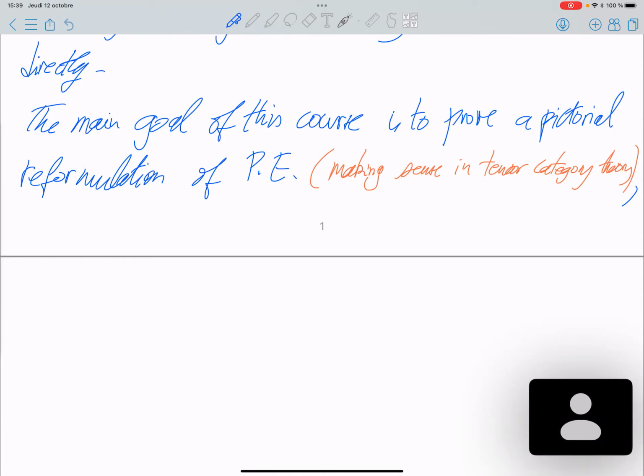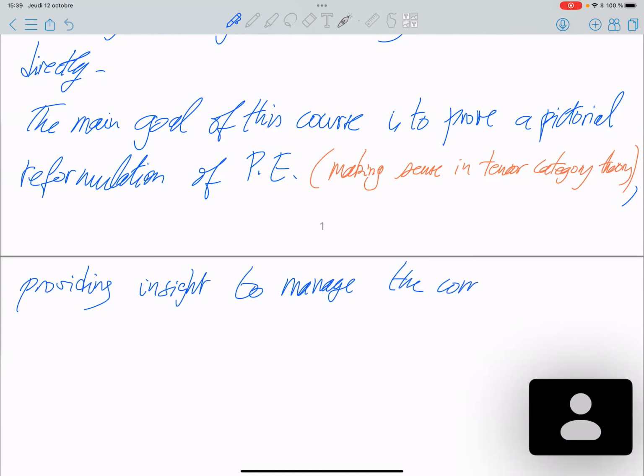So let me explain what I mean by that. Providing insight to manage the complexity by localization.